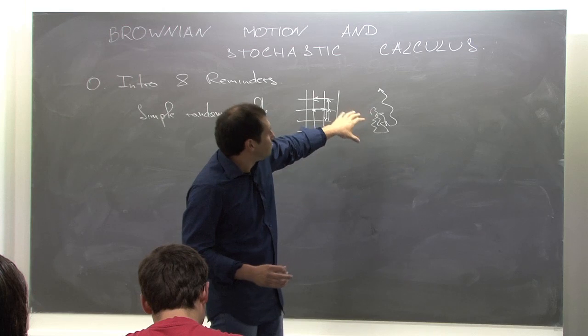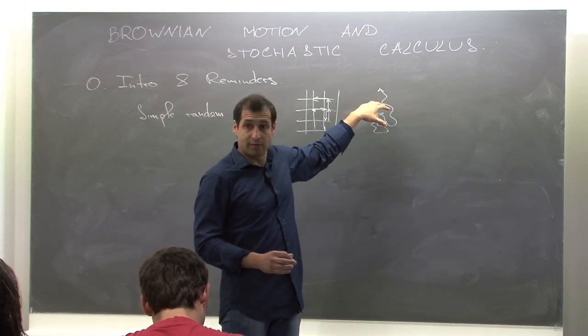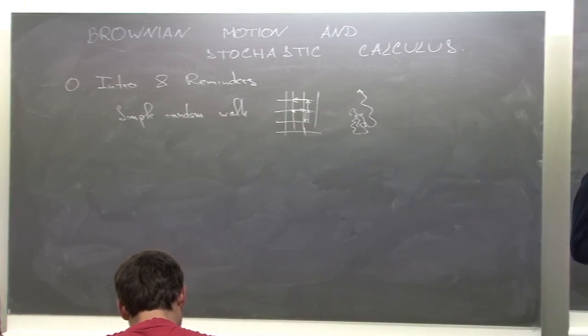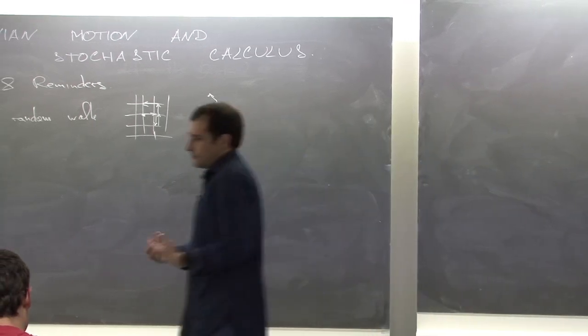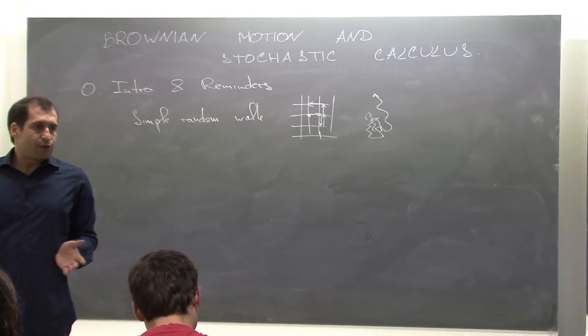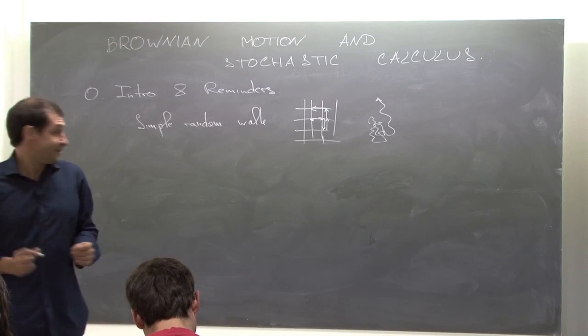And there, quite often, this continuum limit is constructed using Brownian motion. So you should think about the Brownian motion as the basic building block of everything in continuum. This is the very basic element, like in the first course of probability, the normal distribution is the very basic block for many things. Okay?